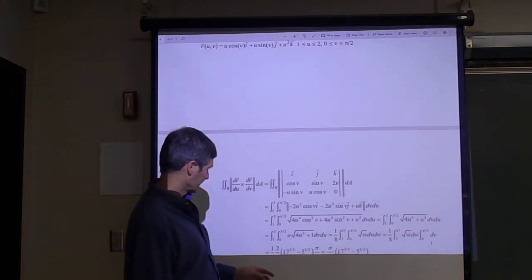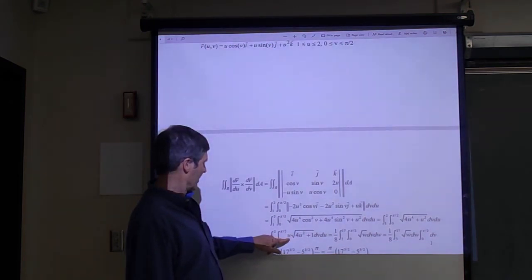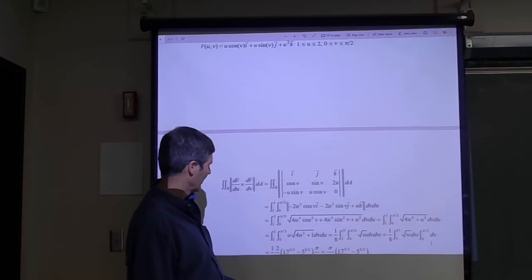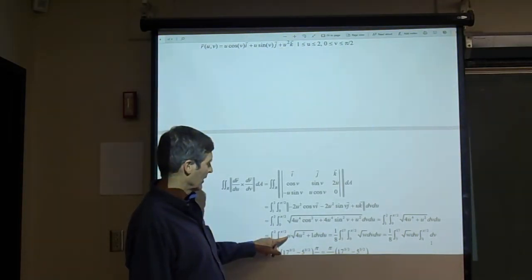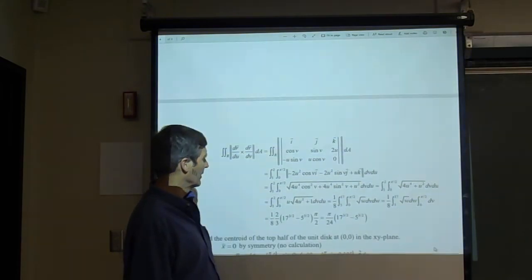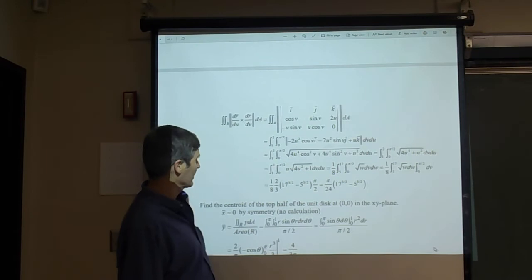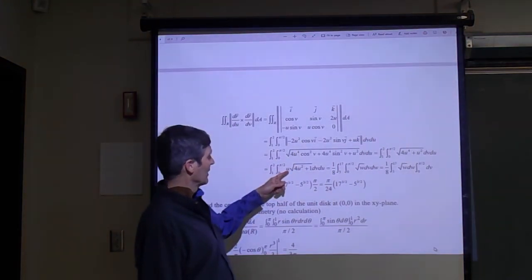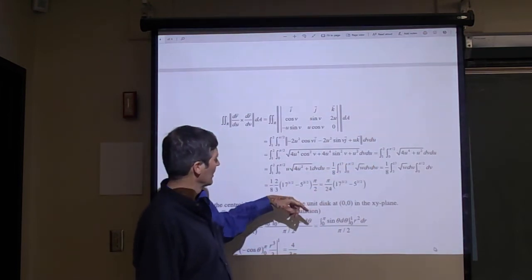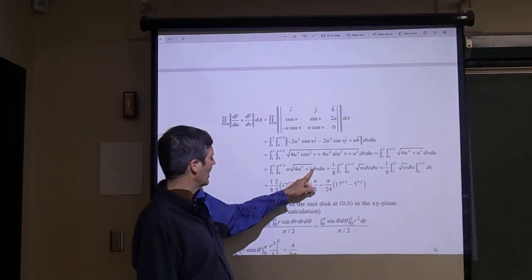And now I can make a substitution. w equals 4u squared plus 1, and then this is 1/8 dw, and I can evaluate the integral. The integral now has to change limits, because when u equals 1, w being 4u squared plus 1 is, let's see, 4 times 1 plus 1 is 5.